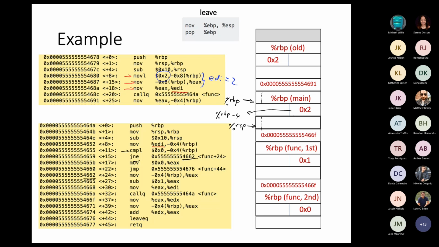4662. In this place, we would move RBP minus 4, this is number 2, into EAX. Subtract 1 from EAX and move EAX to EDI. So EDI would end up with number 1.